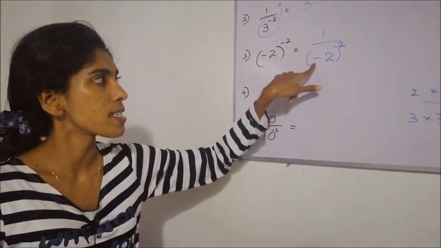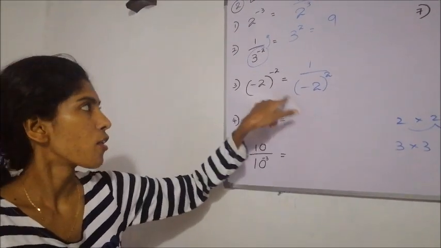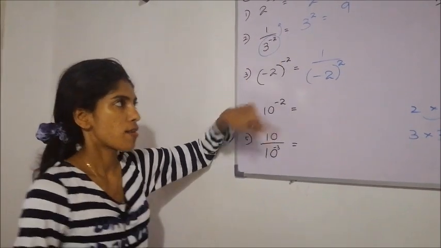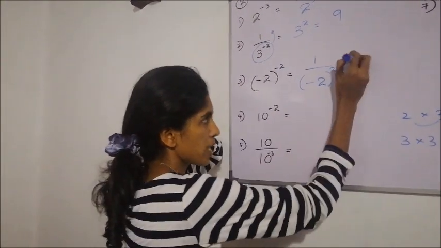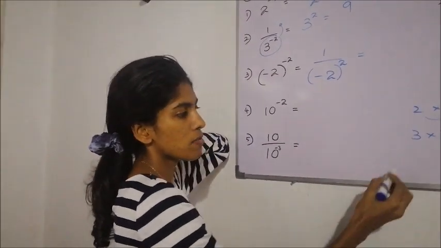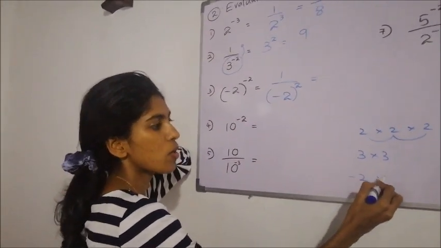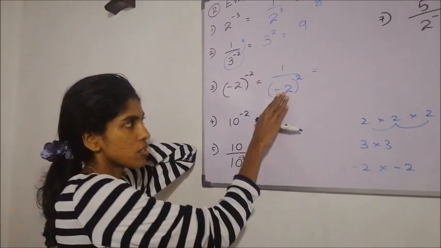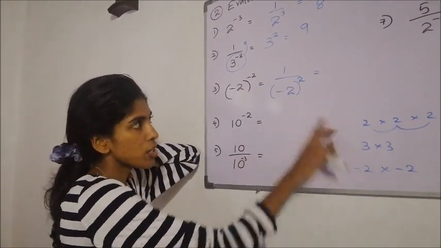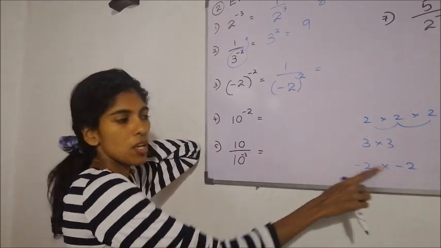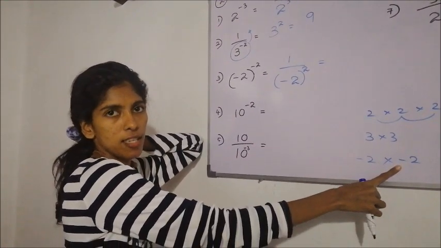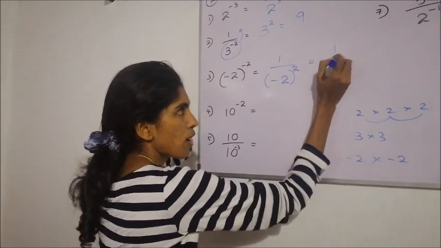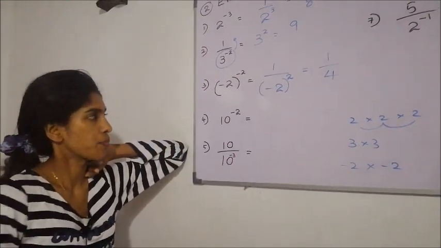This minus doesn't belong to the index. Only the signs in the index can be changed here. Right. Now, we should know that minus 2 to the power 2 means minus 2 should be repeated twice by itself. Minus 2, this value should be repeated 2 times here. Minus minus becomes plus. In multiplication, minus minus becomes plus. 2 times 2 is 4. So, the final answer is 1 over 4.